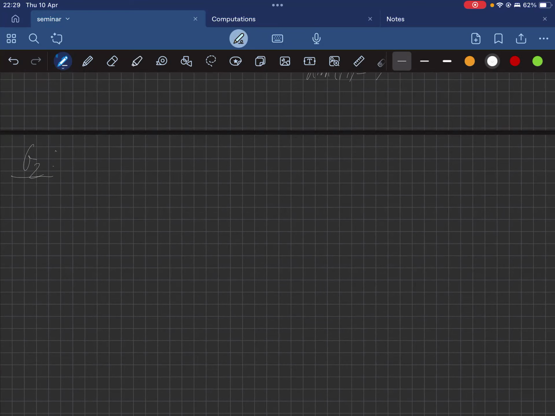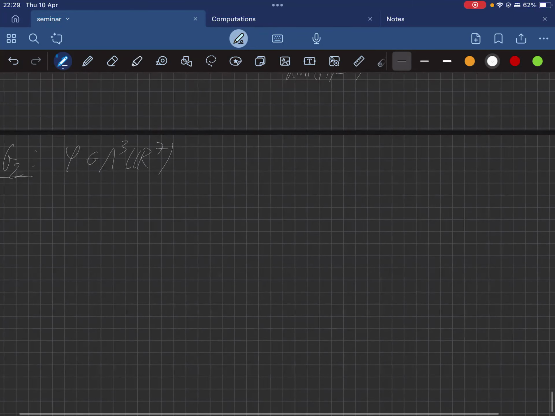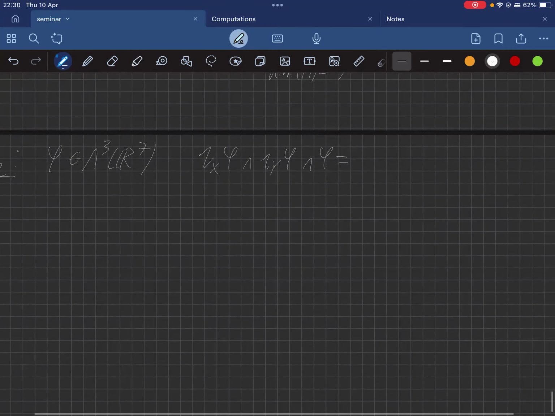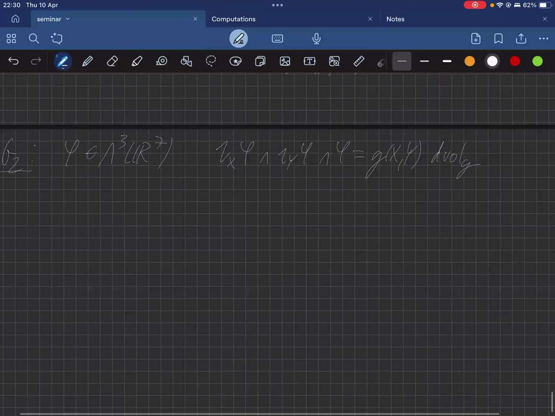So consider some phi, which is a 3-form on your 7-dimensional real vector space. There's the following equation: i_x phi wedge i_y phi wedge phi, where these i's are just interior products, is equal to g(x,y) dvol_g.